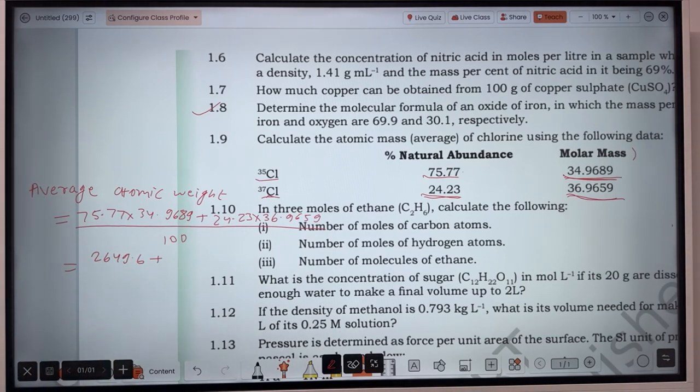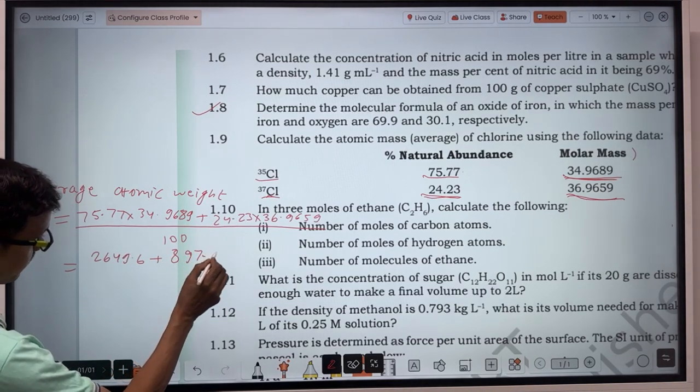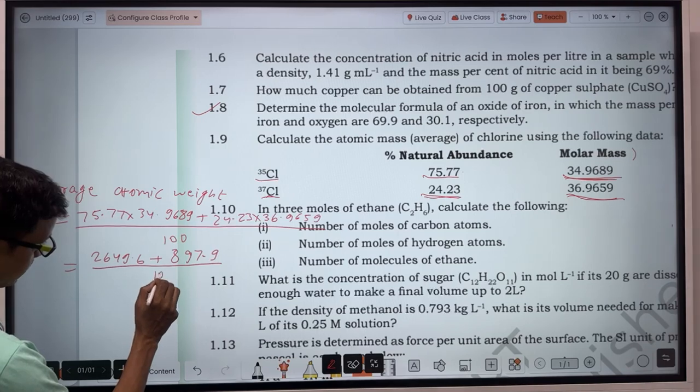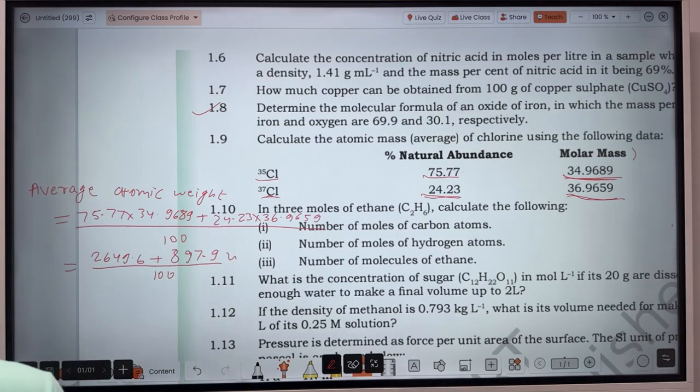Then multiply 24.23 by 36.9659. That will be 897.9. That is the multiplication, and that upon 100. So now add 897.9 and 2649.6.